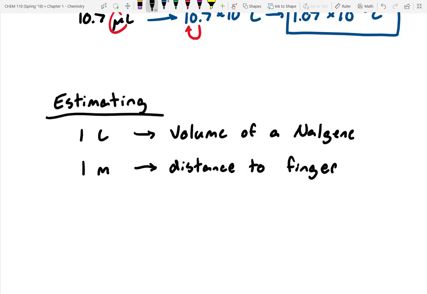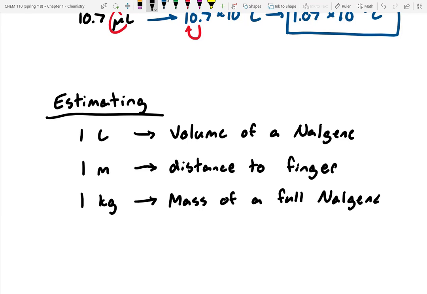All right, 1 kilogram. This is another Nalgene reference. So that blue water bottle that you were holding up, if you fill that with water, that weighs about 1 kilogram. It's about 2.2 pounds.